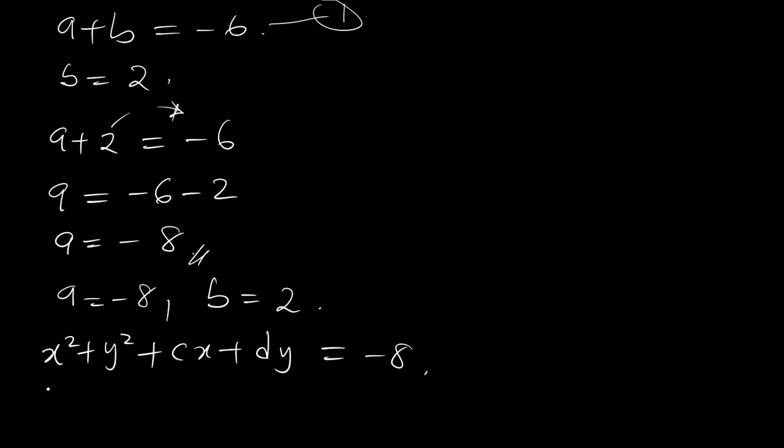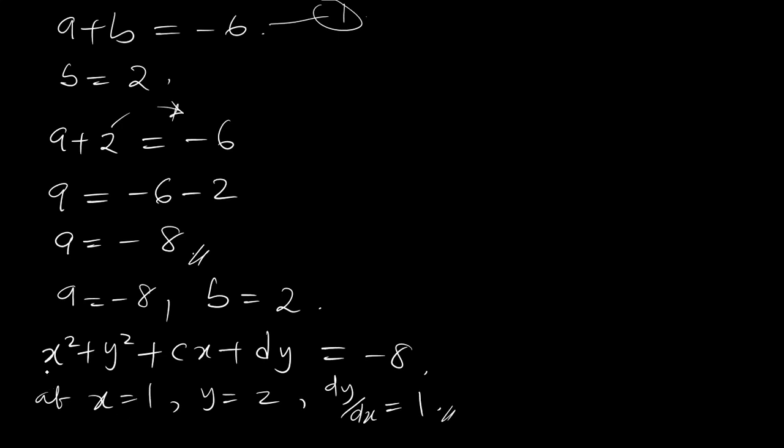Now, since at x equal to 1 and y equal to 2, dy/dx is equal to 1, since they have a common tangent as y equal to x plus 1.